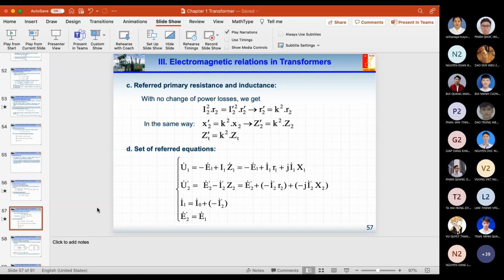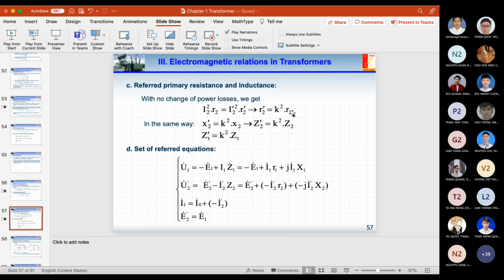Because we are talking about no change of the power losses, we get this term equal to that term, before and after conversion.